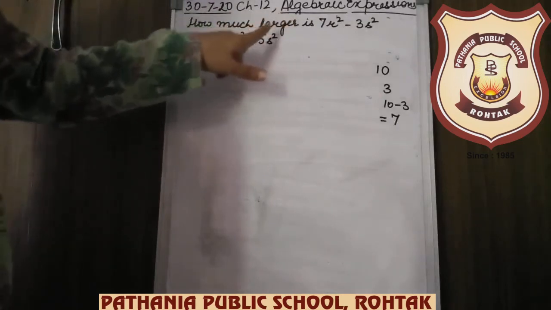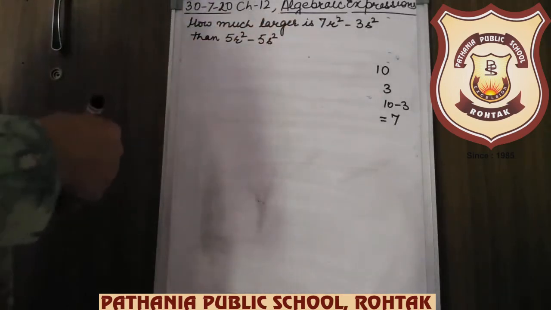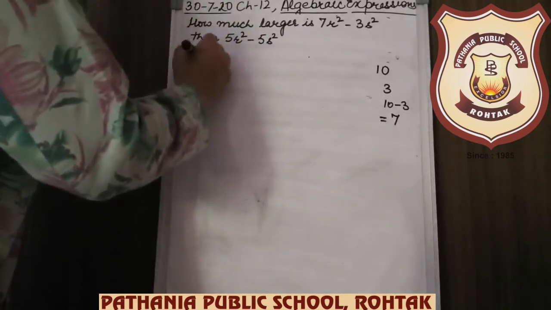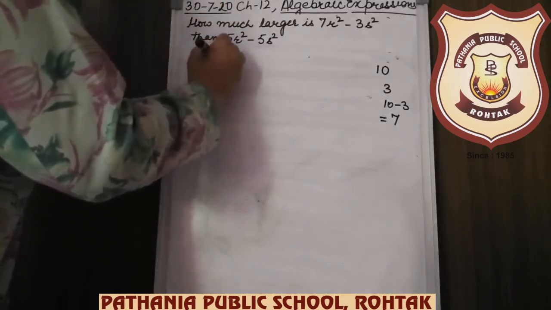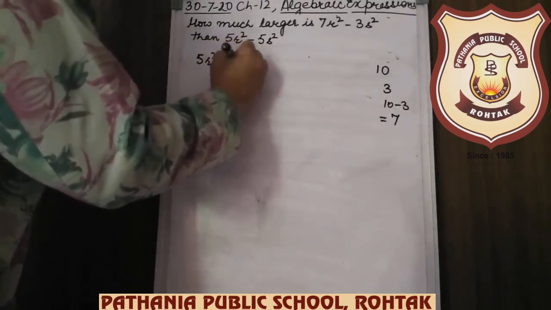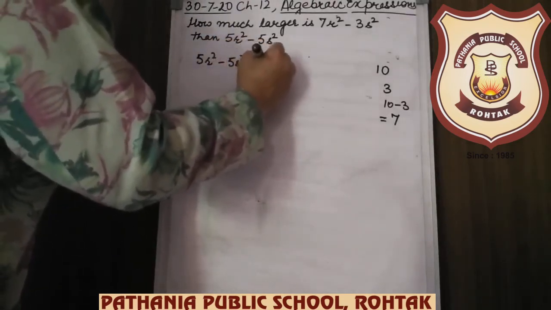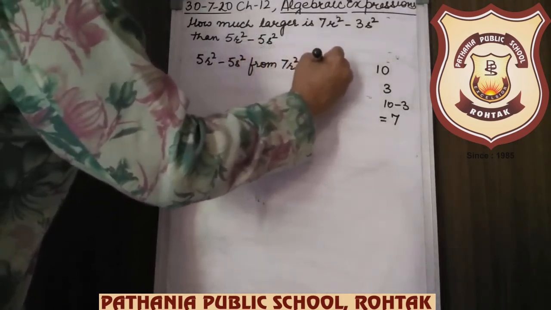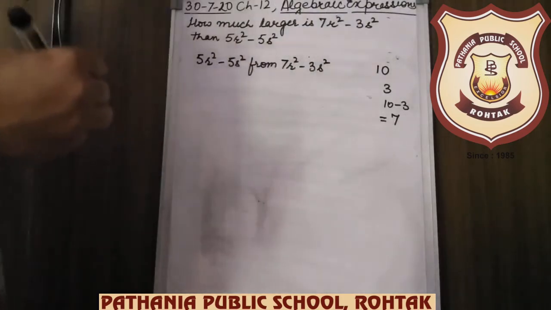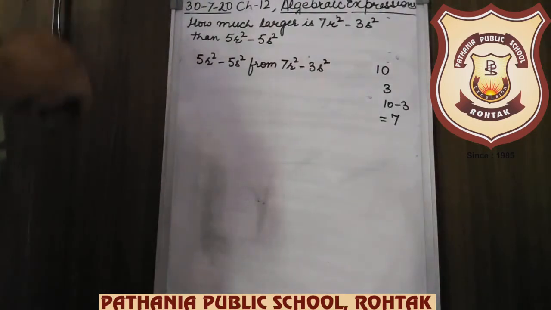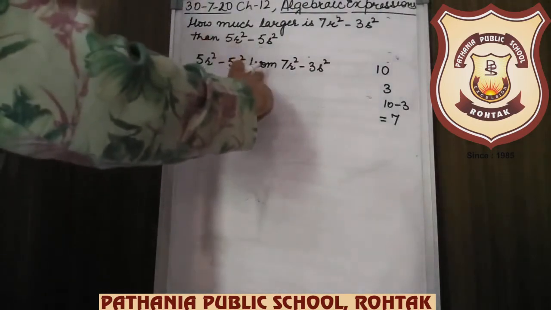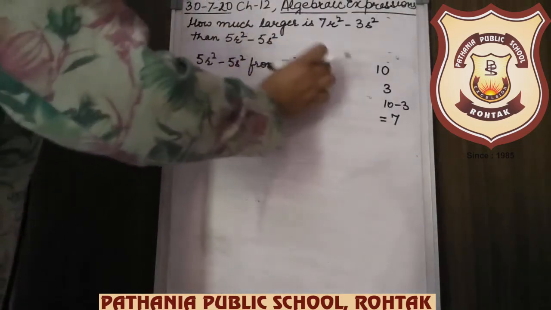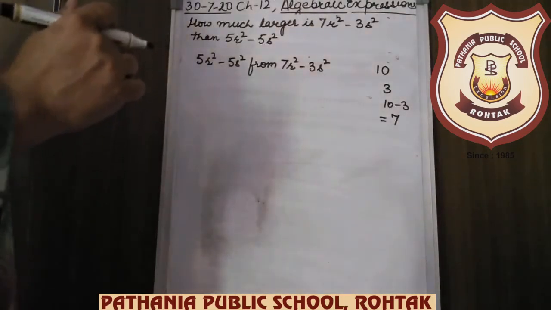So in order to find out, you need to subtract 5r square minus 5s square from 7r square minus 3s square. If you write it in words using from, and if you want to write and, then this will come first and this will come after it.